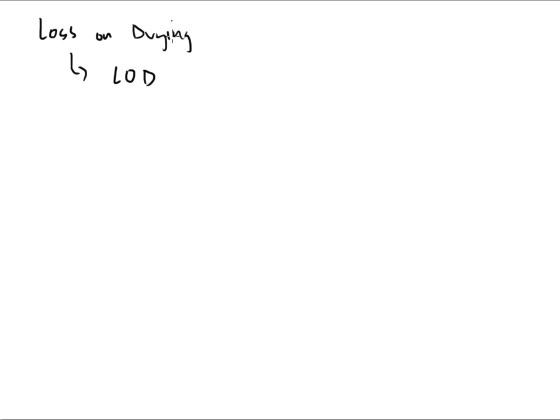Now here's the problem. The problem in a laboratory is that LOD also means something else. So you really have to be clear-cut on what LOD actually stands for in the laboratory that you are working in, because LOD also stands for limit of detection. As you can imagine, we have a lot of instrumentation that is working in a laboratory at all times.